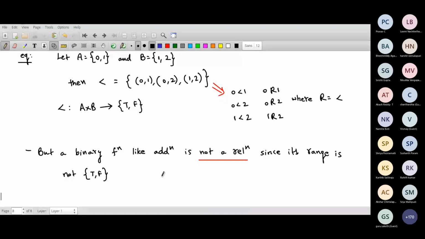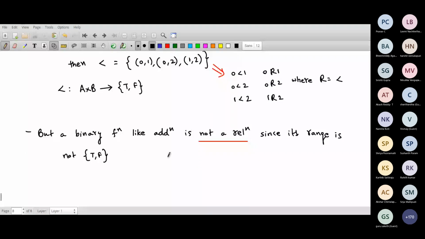Right? Addition takes two numbers and returns a number, like 2 plus 3 equal to 5. It doesn't map the two input numbers to true or false, right? 2 plus 3 equal to true or 2 plus 3 equal to false, that doesn't make sense, right? Output is a number, not true or false. So this function, which is addition, is just a function. It is not a relation because it is not mapping to true or false.